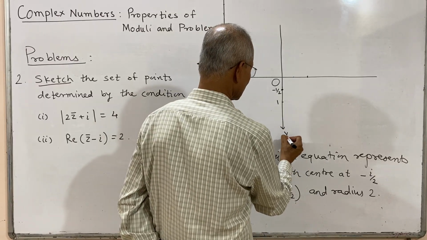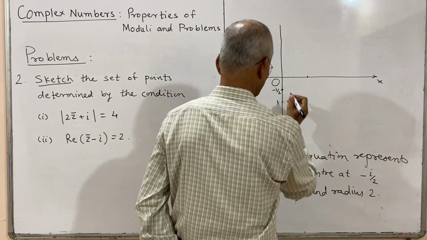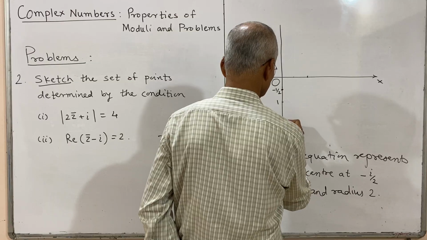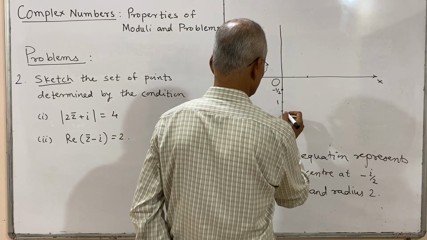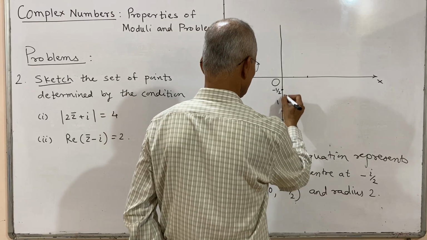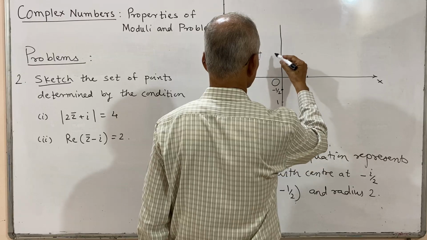The center is on the y-axis, and the radius is 2 units. So this is the radius, and therefore it will be a circle.